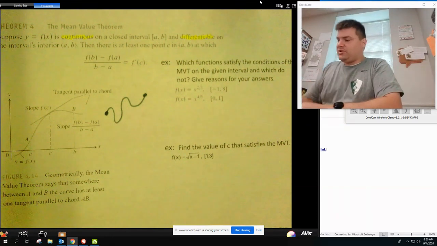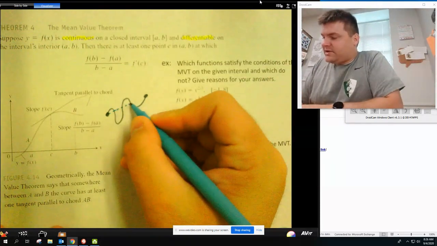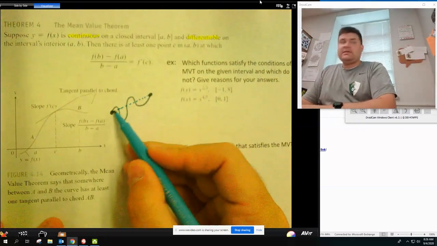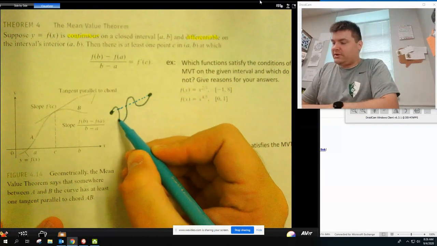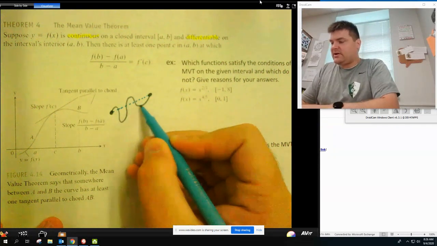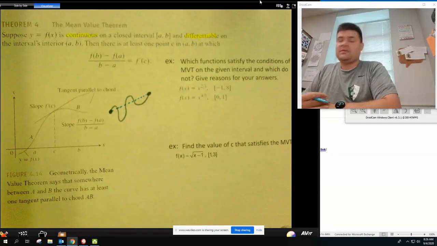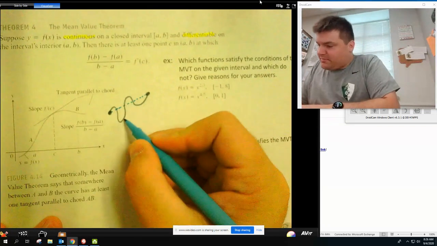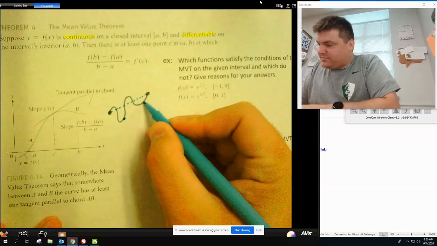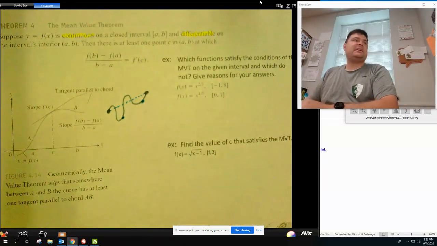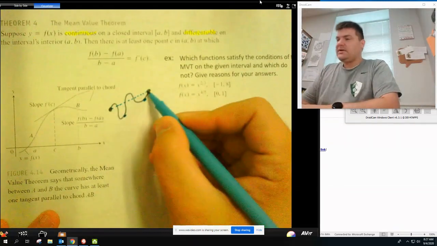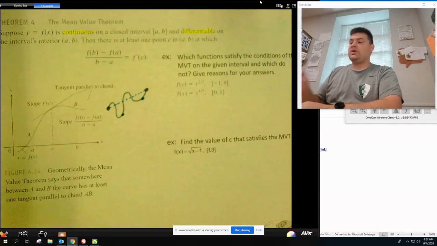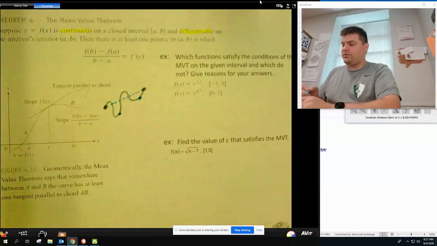This secant I'm drawing in blue, I'll do a dashed blue line, that slope happens somewhere at least one time on this function that I drew. Okay, happens at least one time. It looks like it might happen about here-ish, and it might happen about here-ish if I'm just guessing for my secants. So it's going to happen at least one time. So the secant from your endpoints, that slope is going to occur at least one time in your interval.